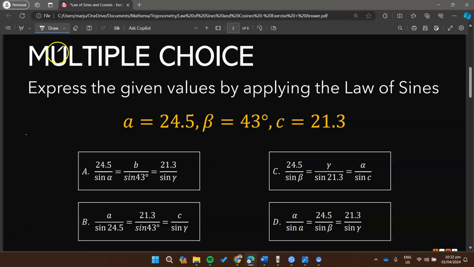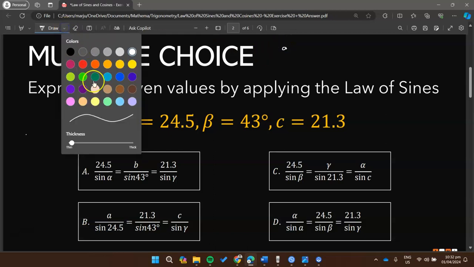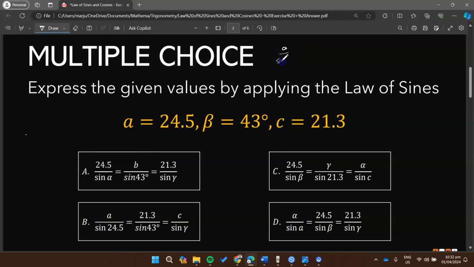For a review, when we talk about the law of sine, that is just given by side A over sine alpha, and then that is equal to B over sine beta, and again that is equal to C over sine gamma.